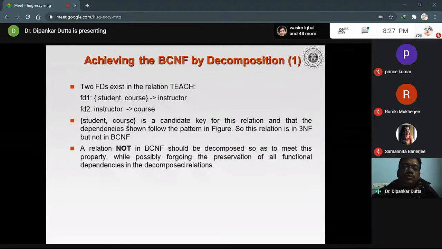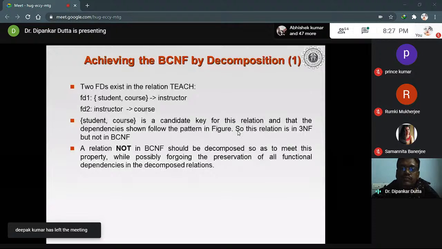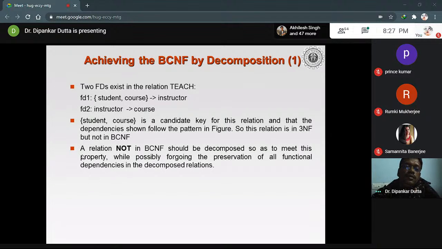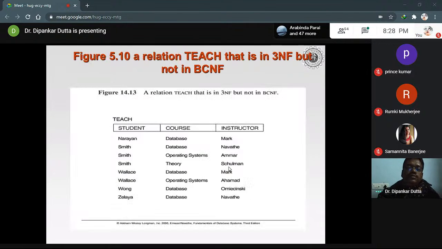Student, course is a candidate key for the relation, and the dependency shown follows the pattern in the figure. So the relation is in 3NF, not in BCNF. Now a relation not in BCNF should be decomposed so as to meet this property, while possibly foregoing the preservation of all functional dependencies in the decomposed relations. See here.